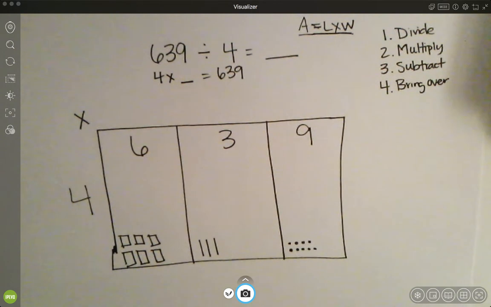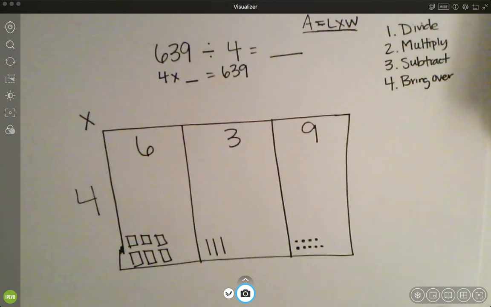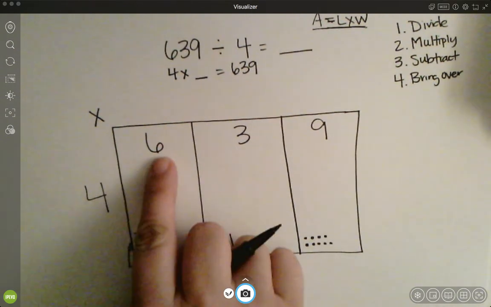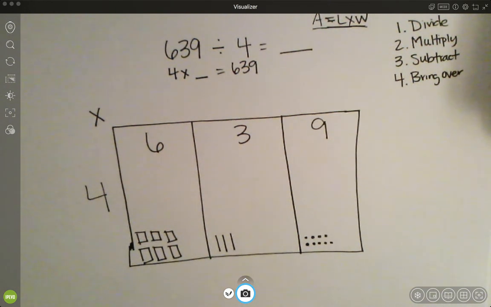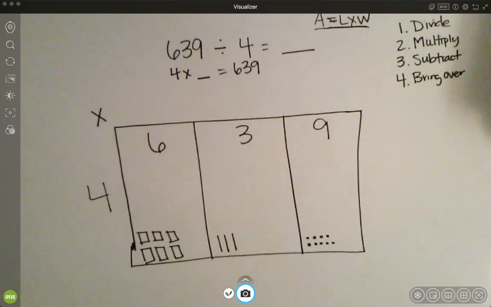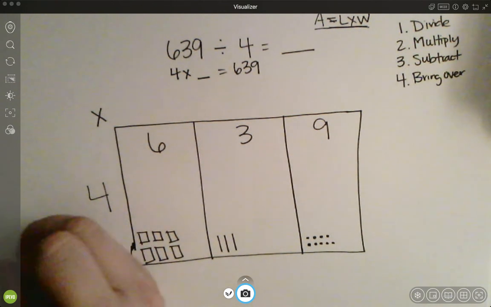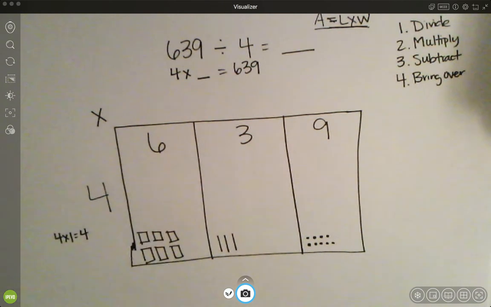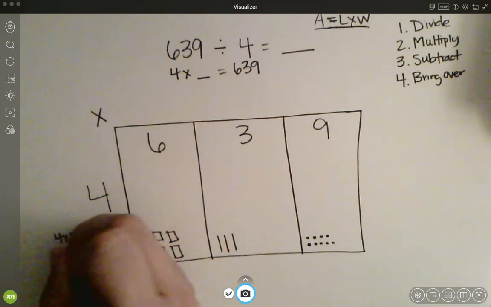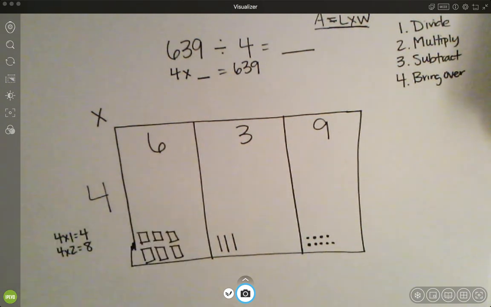Okay, so first let's divide, and we're going to say, can I divide 6 divided by 4? You can think of your fact families, or your multiplication facts when we're doing this, and let's just write those. 4 times 1 is 4. 4 times 2 is 8.